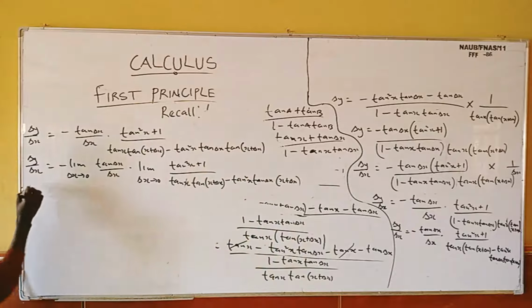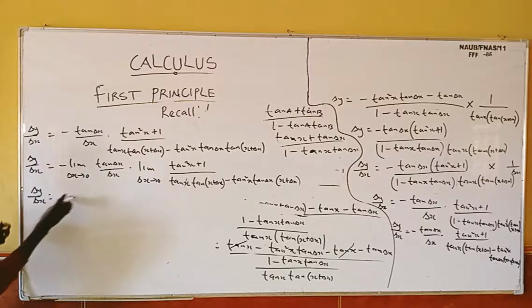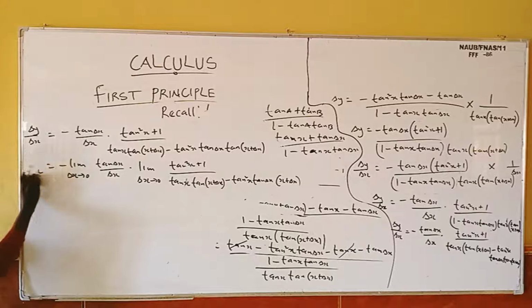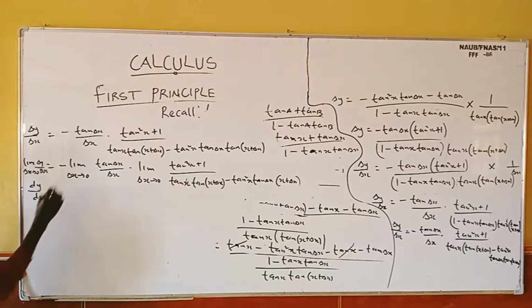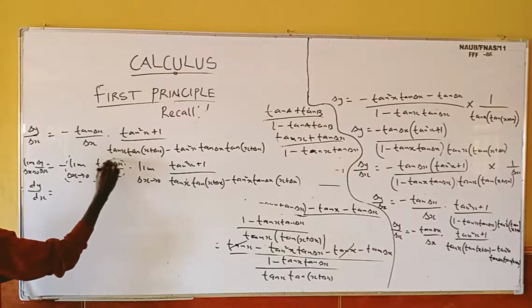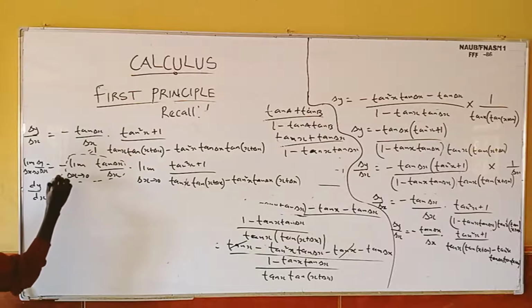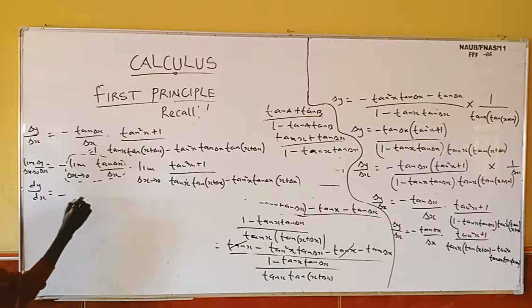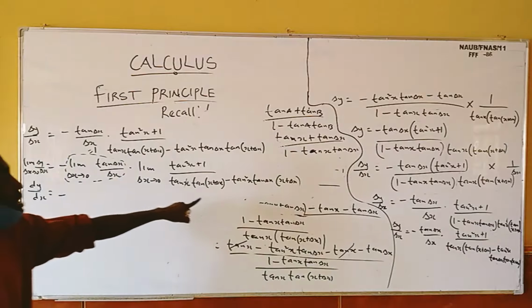Sorry, I want to take the limit of the left side also: the limit as change in s approaches 0 of change in y over change in s. This one is nothing but dy over ds, and the first limit is nothing but 1, so I'll be left with minus 1. Anywhere I see change in s, I'll put 0.